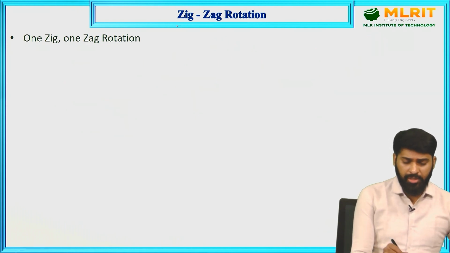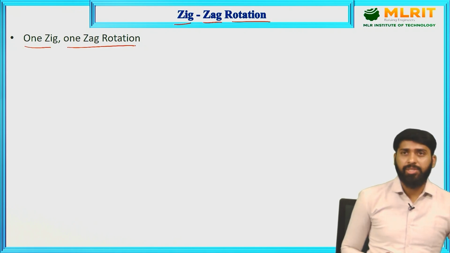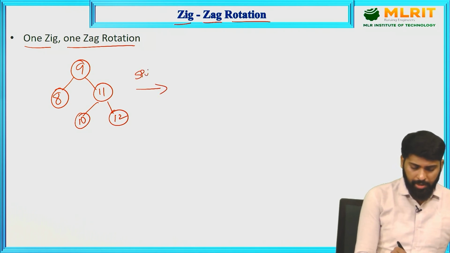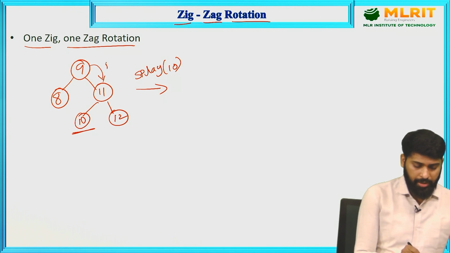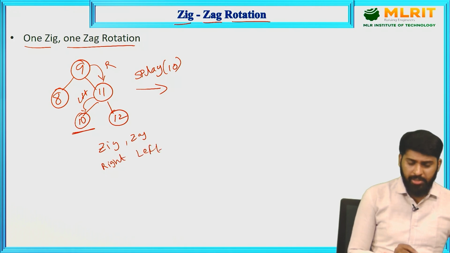Next rotation is zig-zag rotation: one zig and one zag rotation. Consider this tree and splay 10. Splay 10 means I want to make 10 the root. This is right, left, so the rotations are zig, zag. Zig means right, zag means left, so one right rotation and one left rotation.